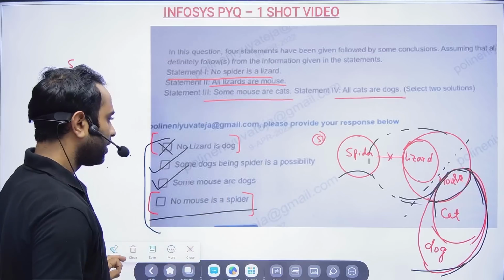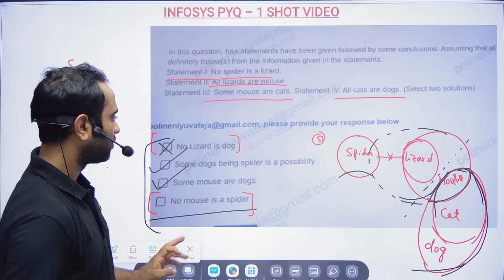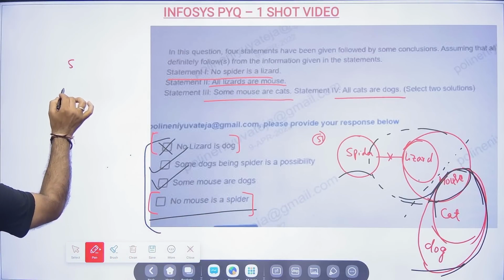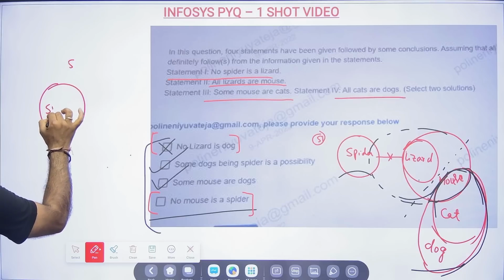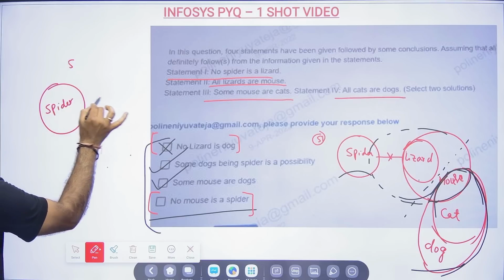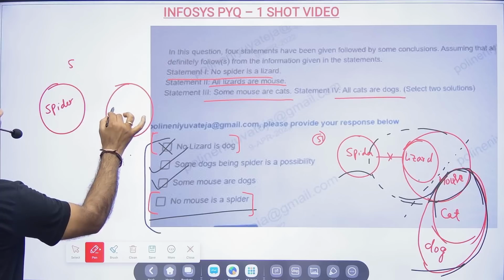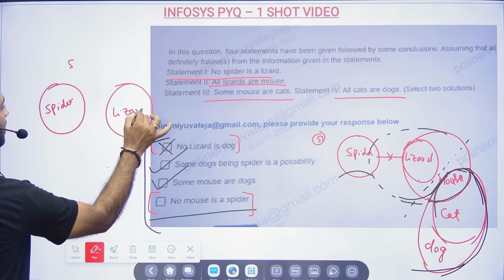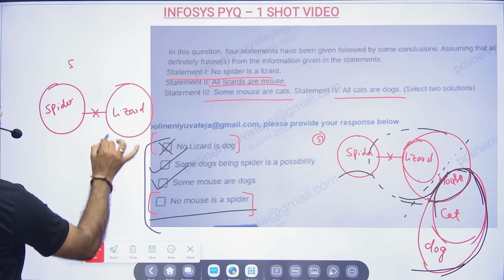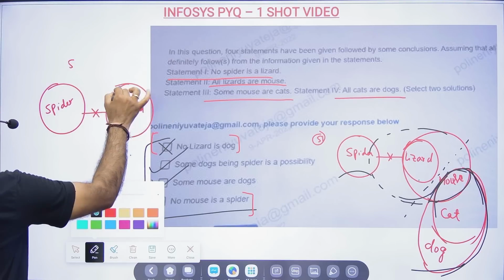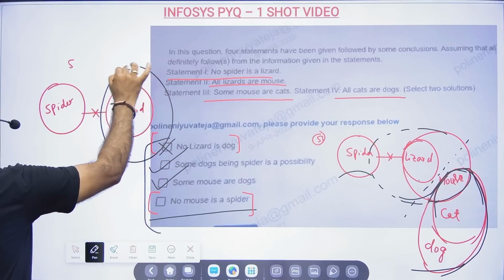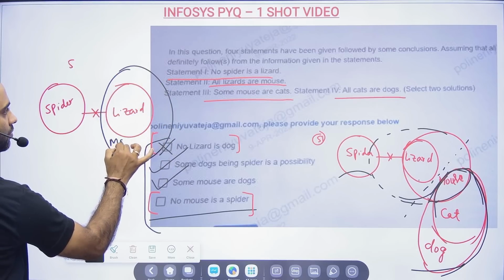Now how should I tell you? Okay, I will tell you here. Try to understand, this is a spider. A spider does not have any relation with lizard, that is clear. Now they are telling all lizards are mouse, correct?